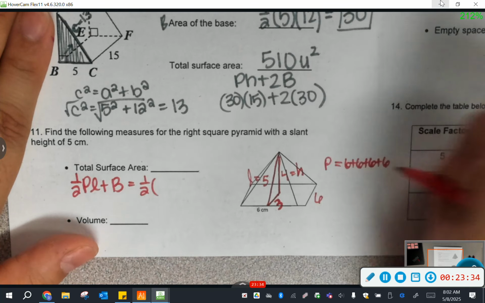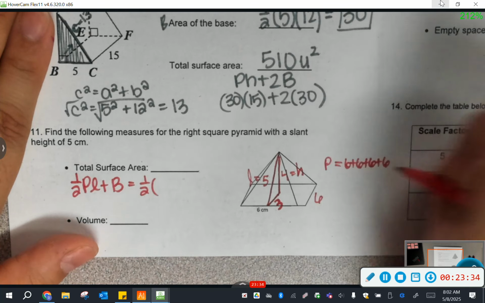The L was 5 plus big B would be 6 times 6, which is 36. So this is going to be, I think, 96 centimeters squared. The volume is 1/3 big BH. So 1/3 times 36 times 4 is, I think, 48 centimeters cubed. Because I think that's 12 times 4, which is 48.